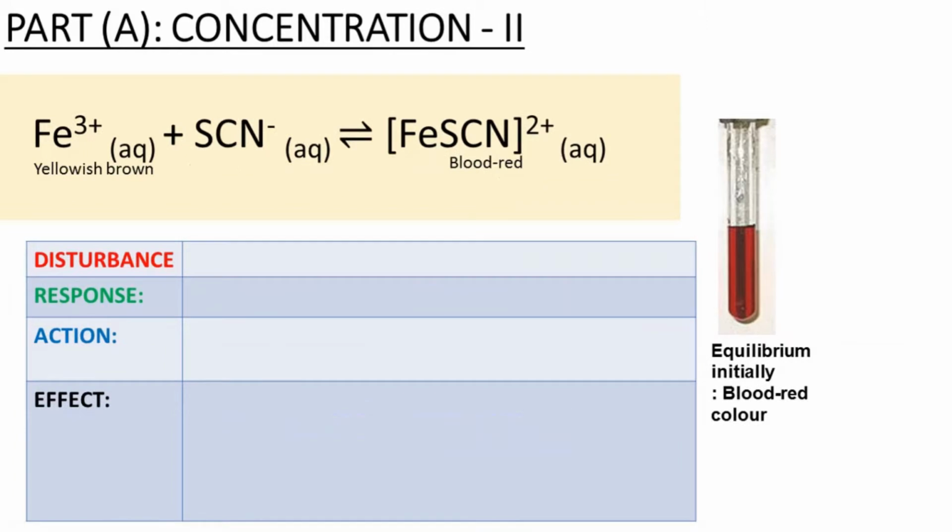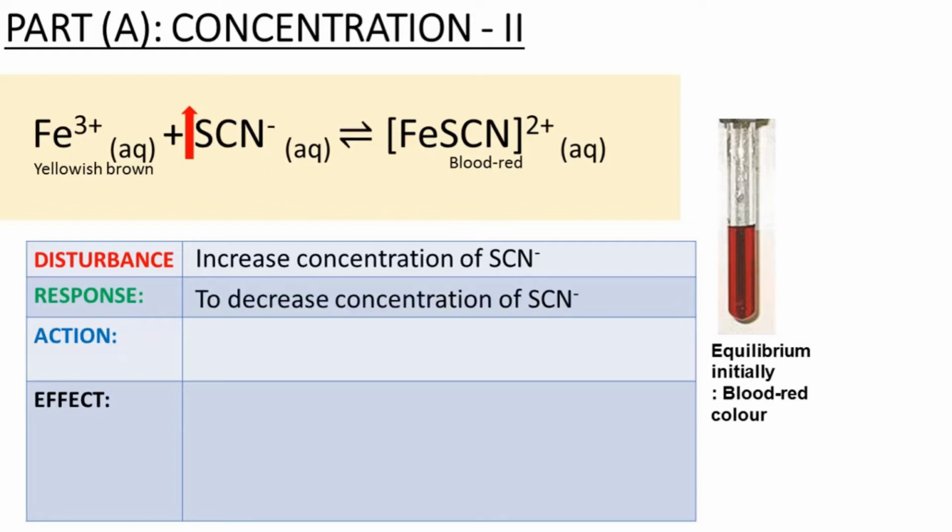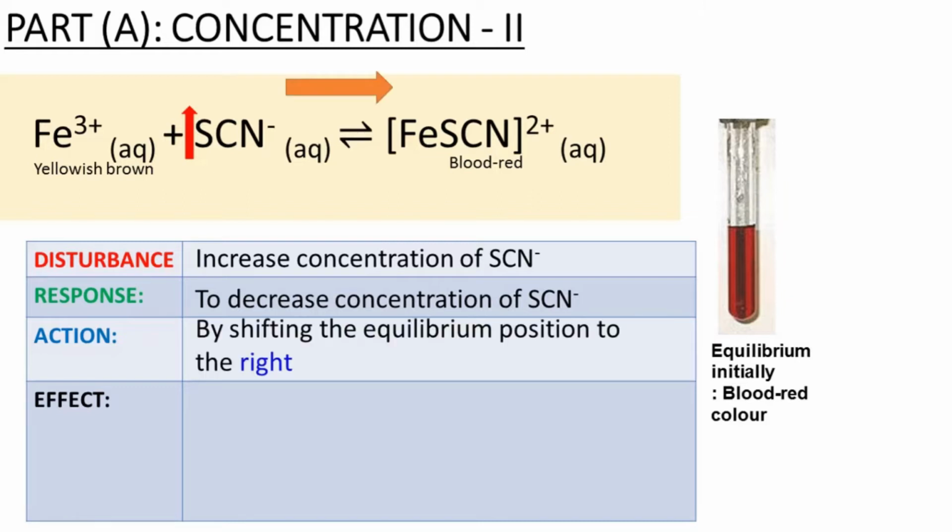For the same equilibrium system, if the system is disturbed by increasing the concentration of thiocyanate ion, the system will respond to decrease the concentration of thiocyanate ion. The system will shift the equilibrium position to the right to decrease the amount of thiocyanate ion.